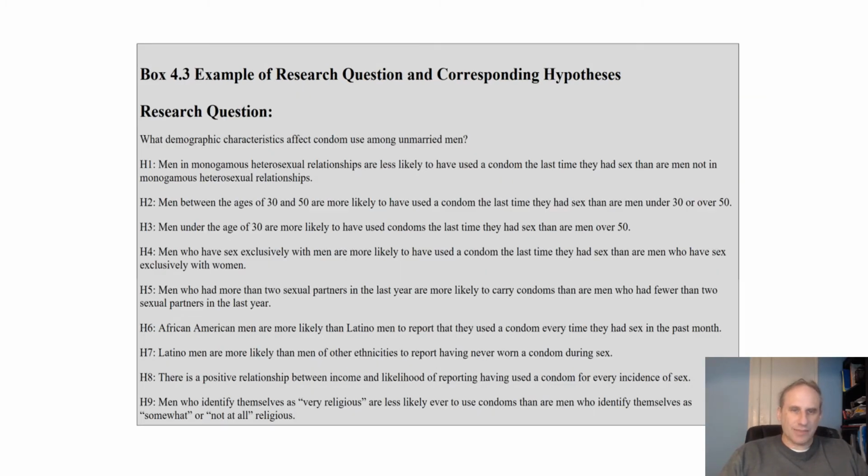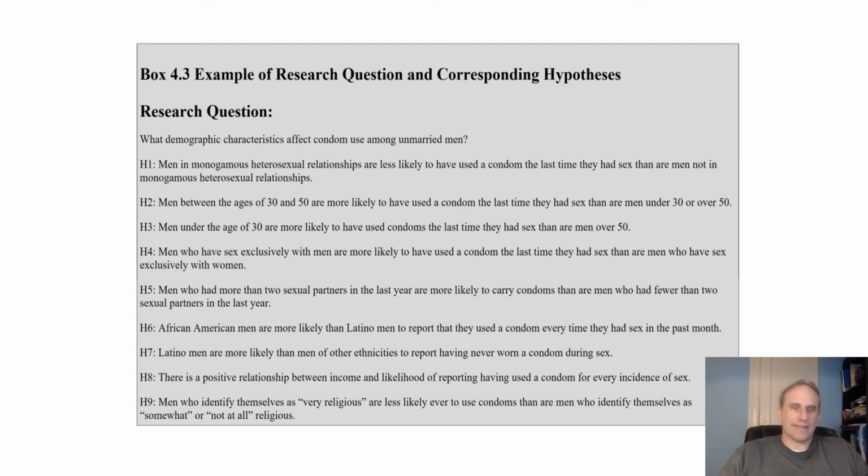This is from a textbook, but it's an example of a research question and some corresponding hypotheses, with many of the hypotheses likely to correspond to questions you're going to ask in the survey. So the overall research question is, what demographic characteristics affect condom use amongst unmarried men?